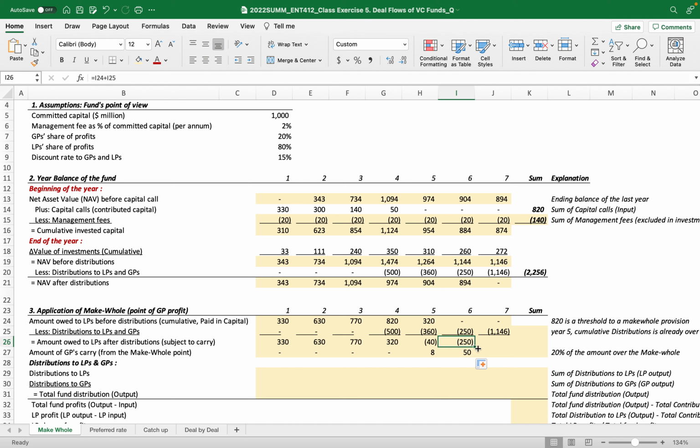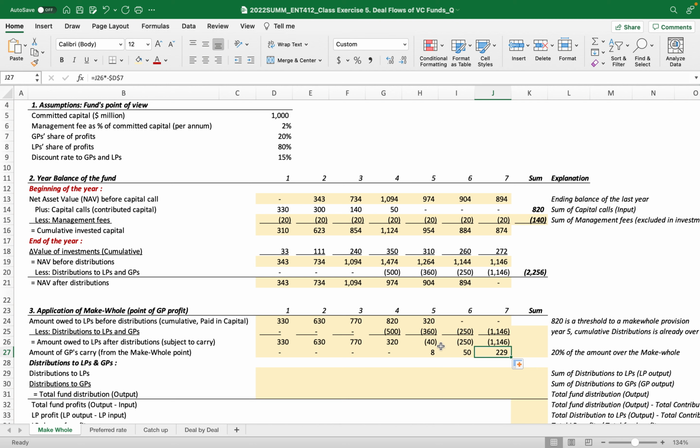Finally, the last year, also this 1,146 is the full distribution eligible to the GPs and LPs as well, right? So 20% of this amount will be distributed. Okay, so that is the amount of GP's carry from the make whole point since year 5 to 6, 7, right?